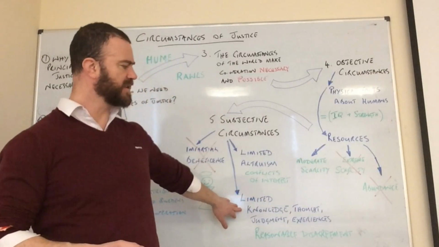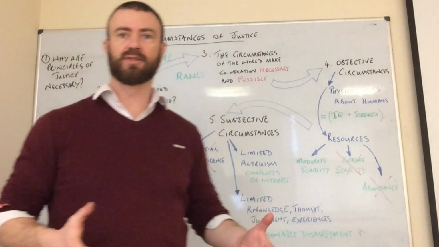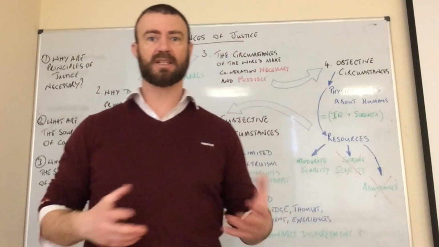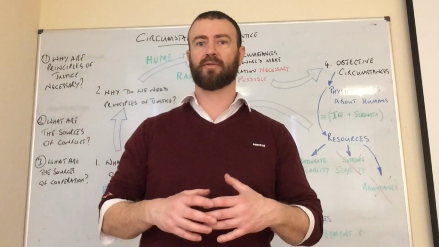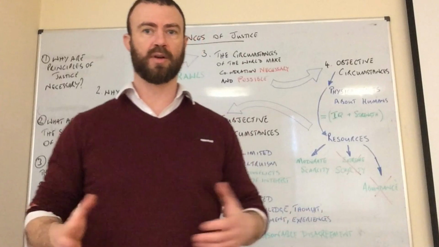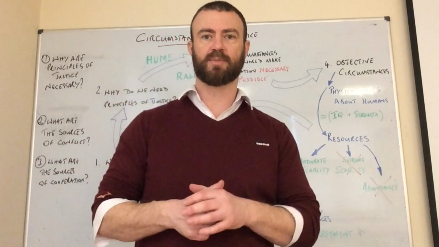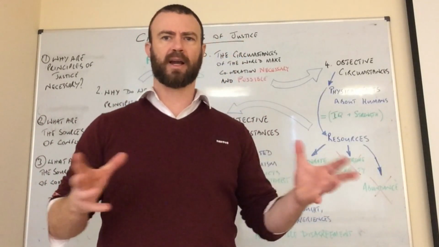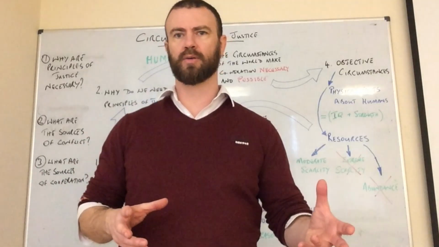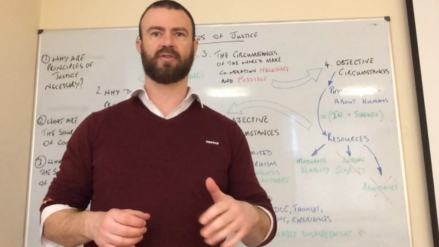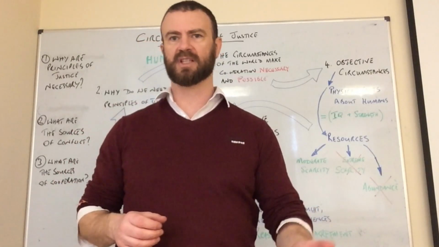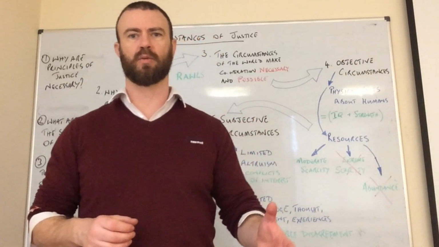And finally, Rawls says that we have limited knowledge, limited thought, limited experience, limited judgment. We all come from different ways of life and so on. I'm different to you, you're different to the next person. And we bring all that collection of things to how we view the world. And given the same set of facts, you and I may just judge differently of them because of our different experiences, different knowledge and so on.